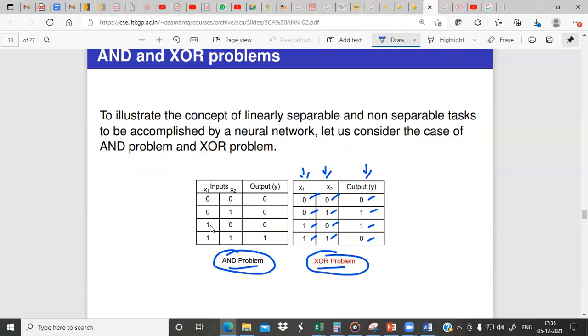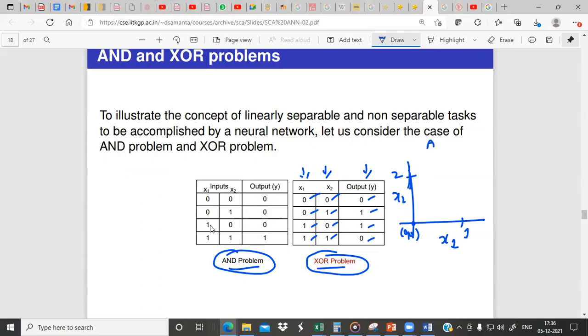Now, if we plot this as a graph, by considering one axis as x1 and another axis as x2, okay? And if you plot, what will you get? Say this is 0, 0, okay? So this point is x1 is 1. This point is x2 is 1, right?